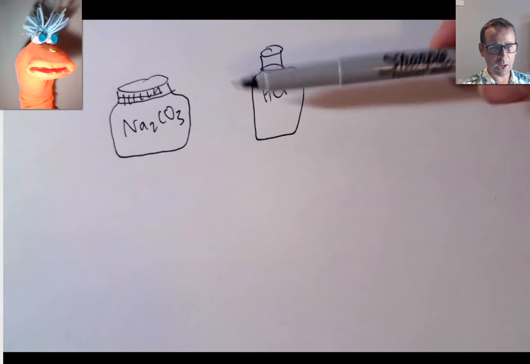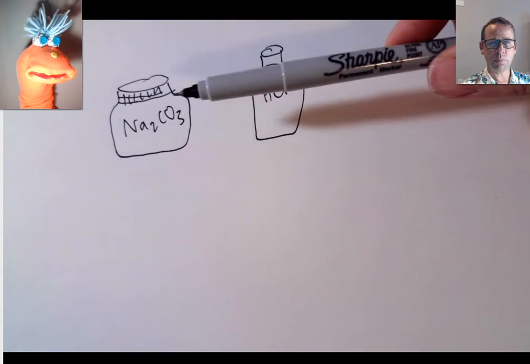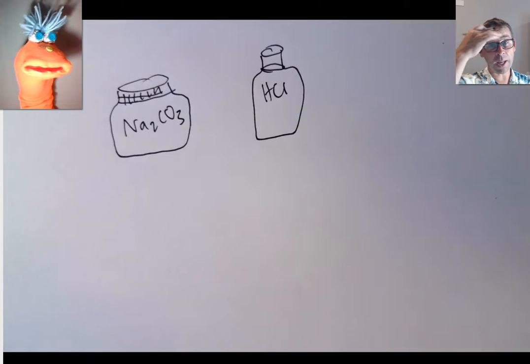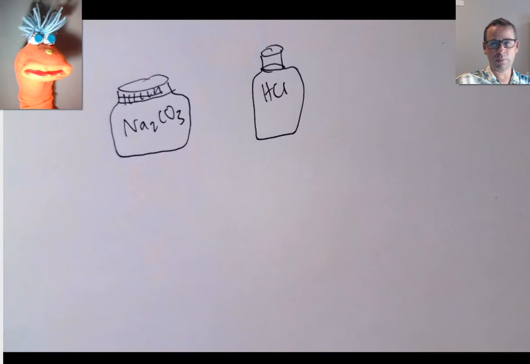So if you weigh out an amount of this material, you can be pretty confident that that's the amount of material that you have in your mass, and not a significant component of it is water. You dissolve it in water, and it will stay there in water.